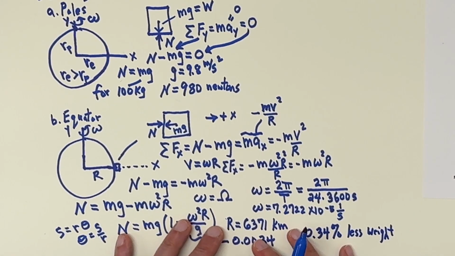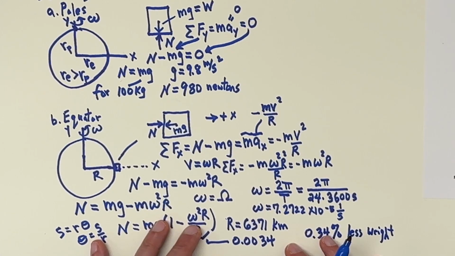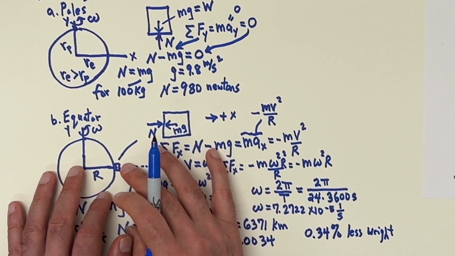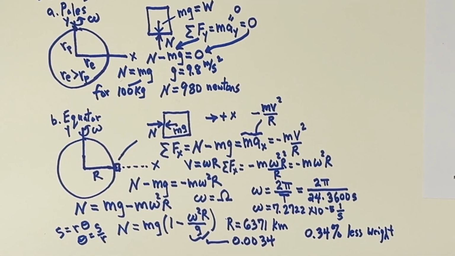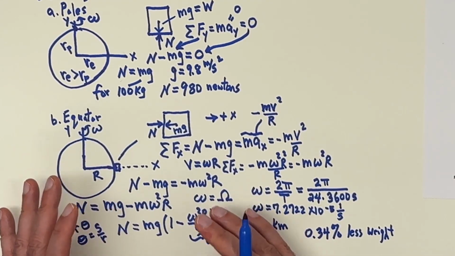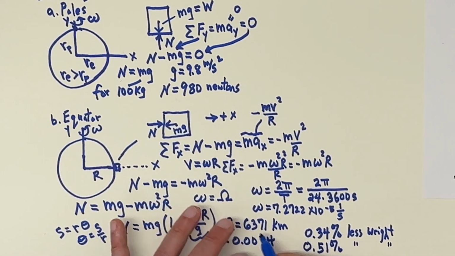Now that radius I used is considered a kind of average value for the Earth's radius. If you use the actual radius at the equator, you find that the radius is a little larger at the equator than at the North and South Pole, and that corrects things, and this becomes 0.51% less weight when you have the more precise value for the radius rather than some kind of average.